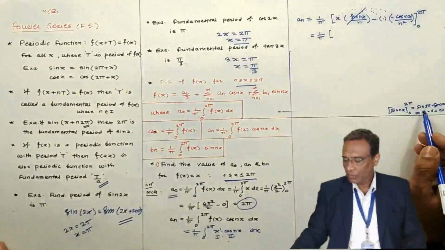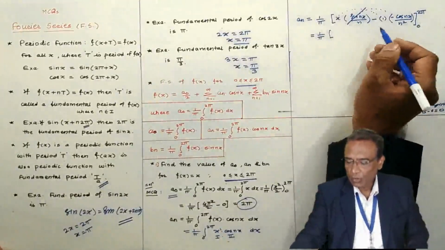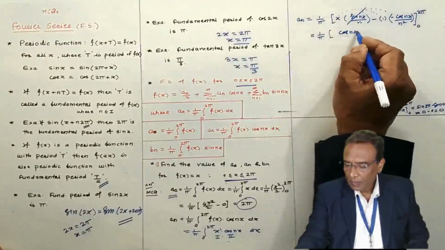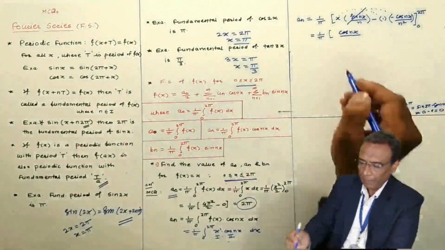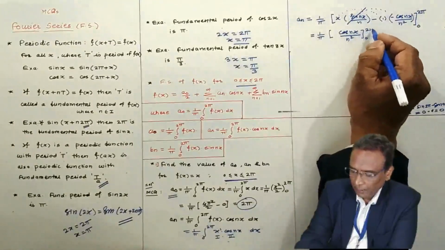Therefore sine nx from 0 to 2 pi is 0, so you can cross it out. Now this term has gone, and we have minus plus cos nx divided by n square, from 0 to 2 pi.